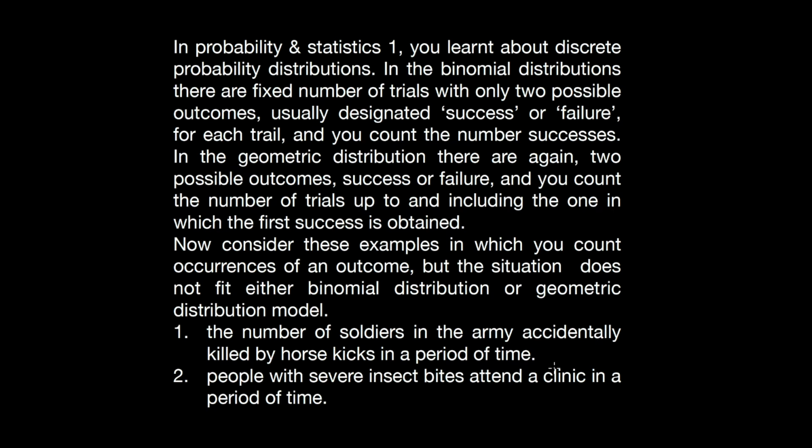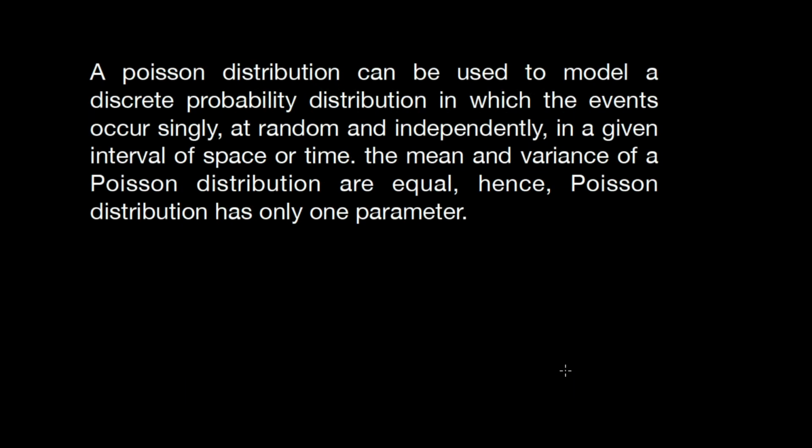A second case, people with severe insect bites attending a clinic in a period of time. A Poisson distribution can be used to model a discrete probability distribution in which the events occur singly, at random and independently in a given interval of space or time.